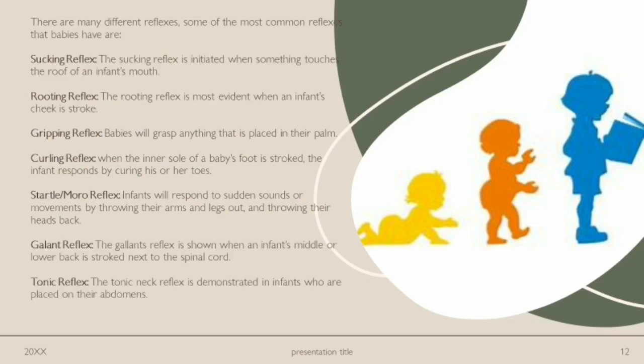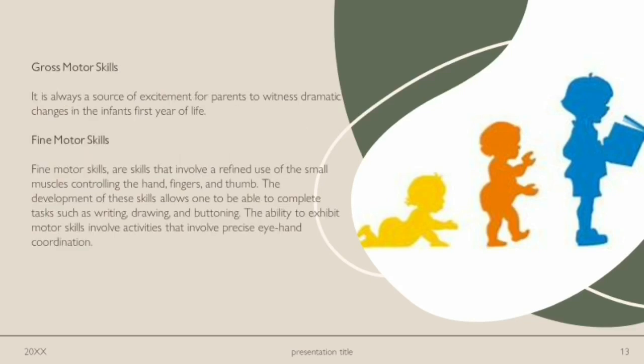There are many different reflexes. Some of the most common reflexes that babies have are the sucking reflex, rooting reflex, gripping reflex, curling reflex, startle or Moro reflex, Gallant reflex, and tonic reflex.